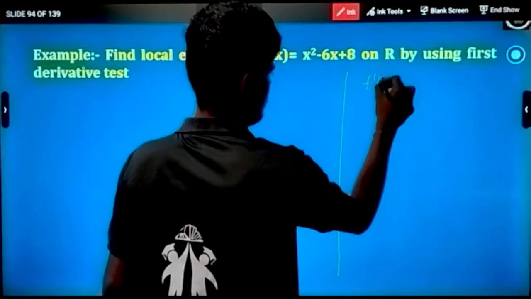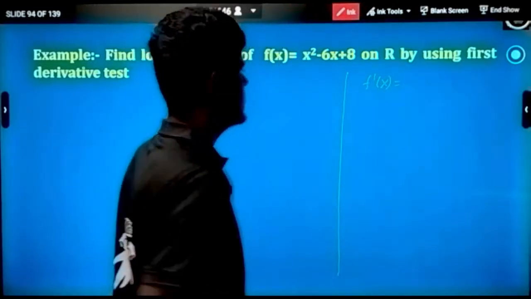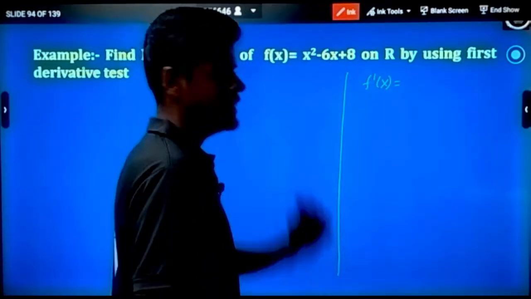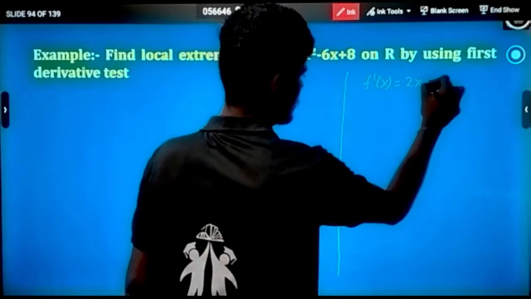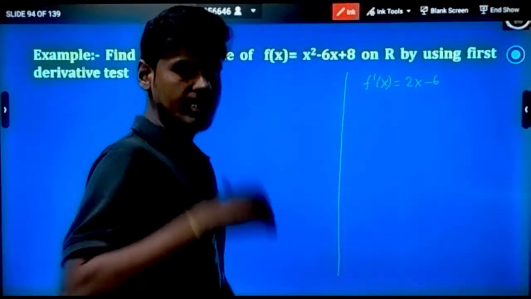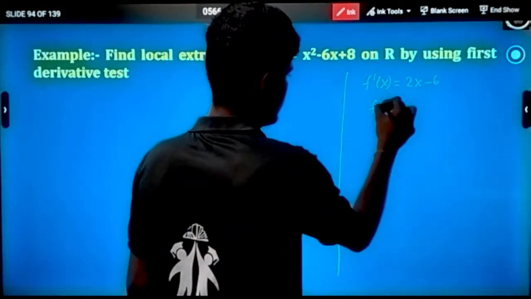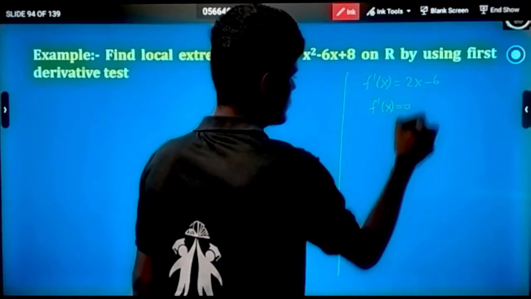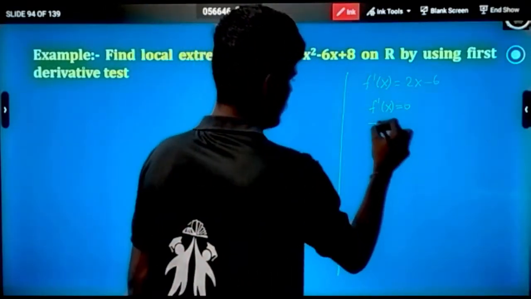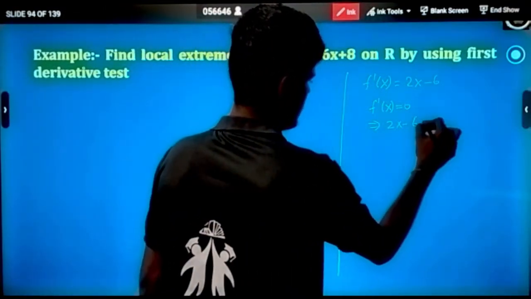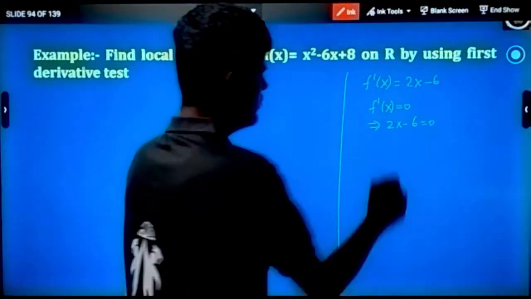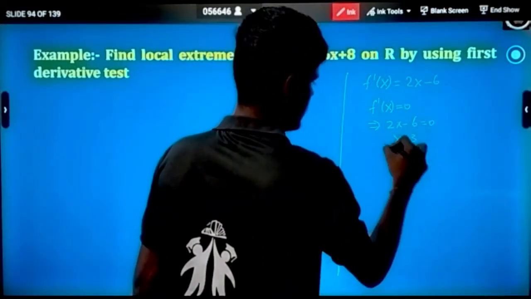First find f dash of x. What is f dash of x? 2x minus 6. What is the next step? Equate f dash of x equal to 0, which means 2x minus 6 equal to 0, or x is equal to 3.